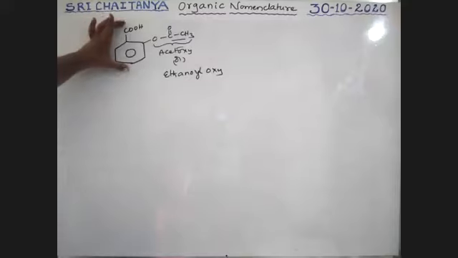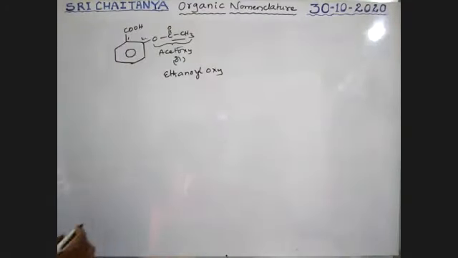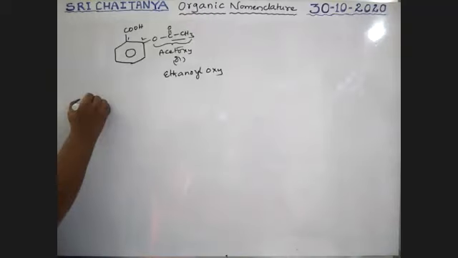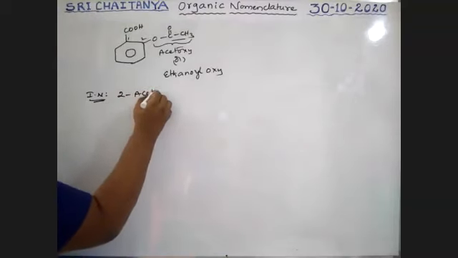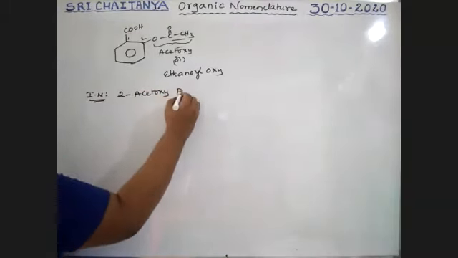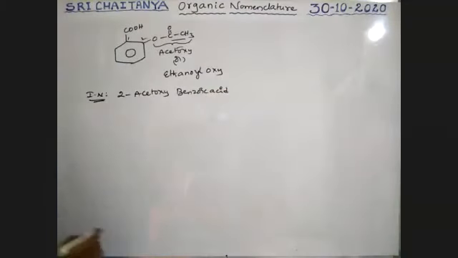It is benzoic acid, with the substituent at the second carbon. This is the first carbon, this is the second carbon. So the IUPAC name is 2-acetoxy benzoic acid or benzene carboxylic acid. Either is used.